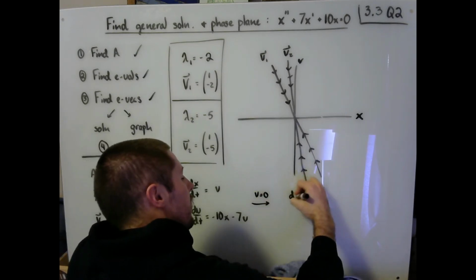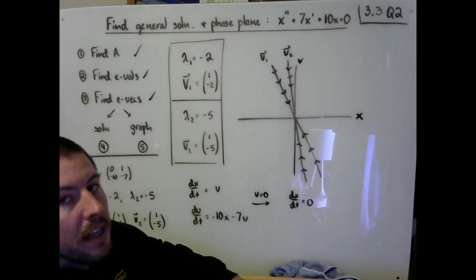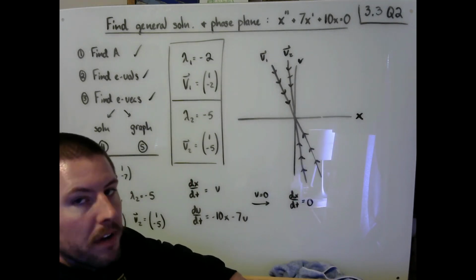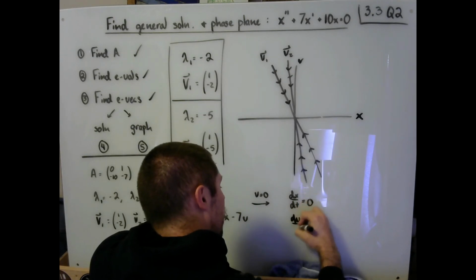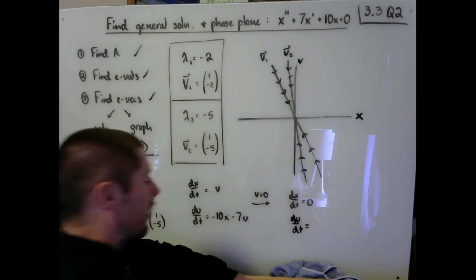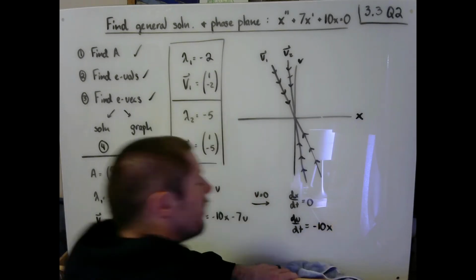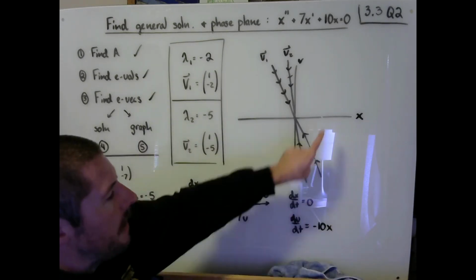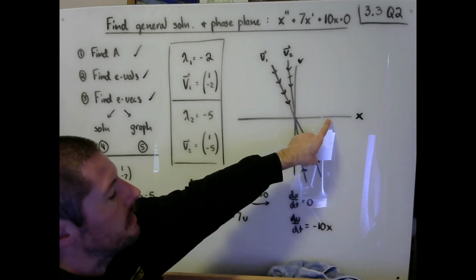Well, in this case, it looks like we're going to get dx dt equals 0, which means we're not moving left or right at all, which means we're only moving vertically. What direction are we going to be moving vertically? Well, dv dt here, if v is 0, is going to be negative 10x. So what this says to me is this: if x is positive and v is 0, then we're on the positive x-axis.